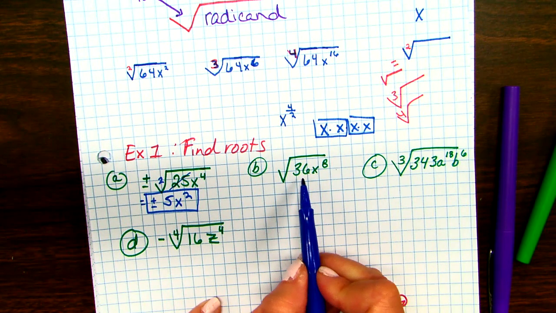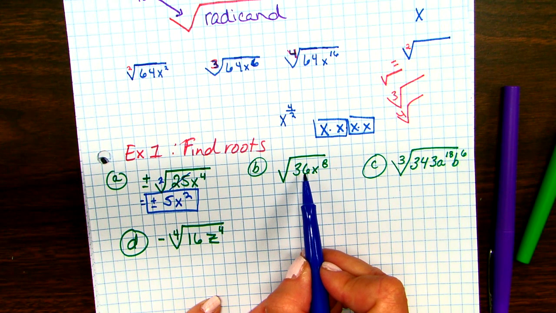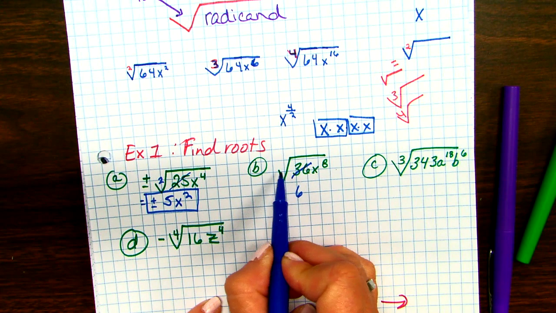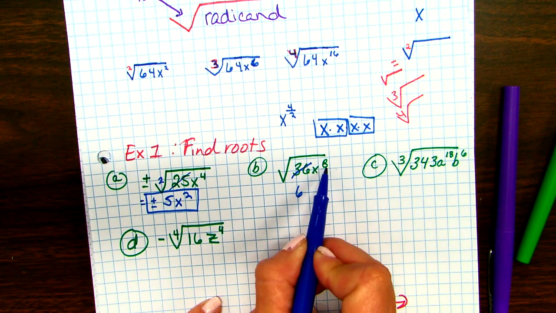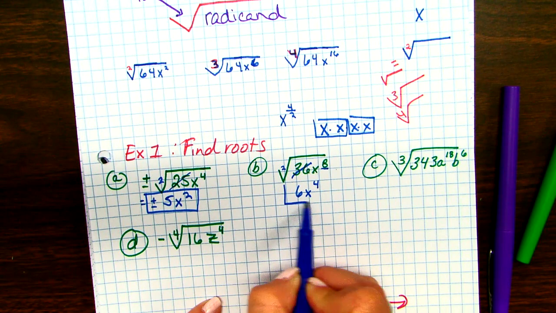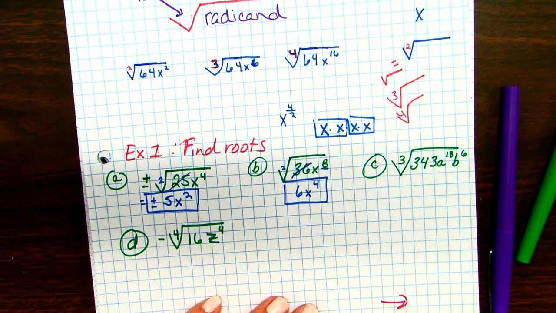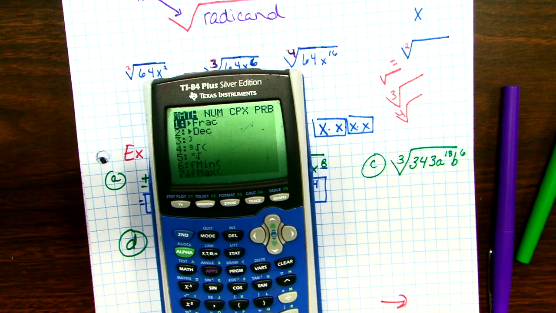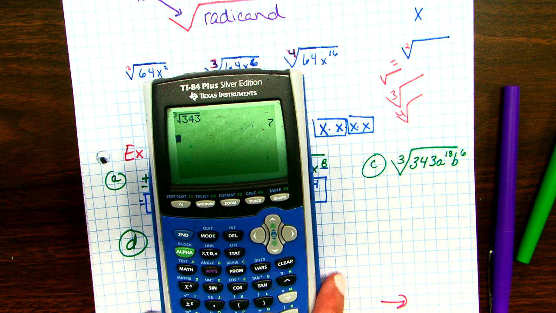Right? What's the square root of 36? 6. Right? That is 6. And we just do 8 divided by 2. What's 8 divided by 2? 4. Here's your answer. We did the cube root a minute ago. If you want to practice it again, math, and then you can just hit number 4. 343 is 7.